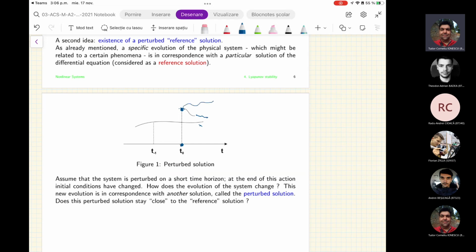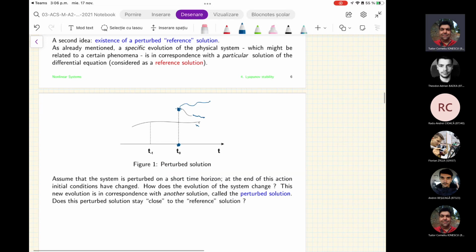Is this solution evolving by itself, going in some unknown direction, or is it drawn back to the continuous reference solution? This is the question. In other words, is the reference solution an attractor or not?